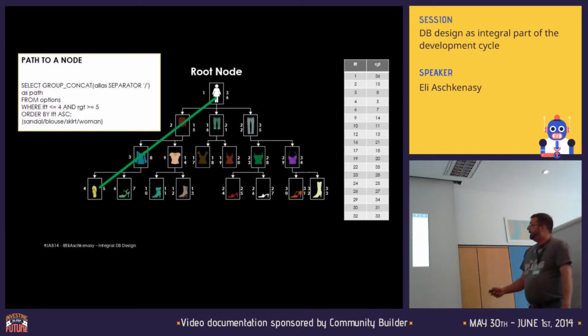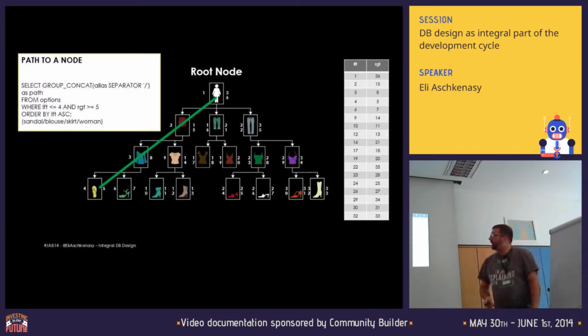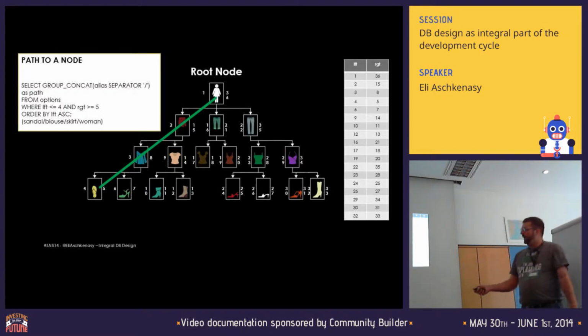So, in this instance of this illustration, if we want to have the actual path printed out exactly as we have it in the database with the slashes, select group concat.